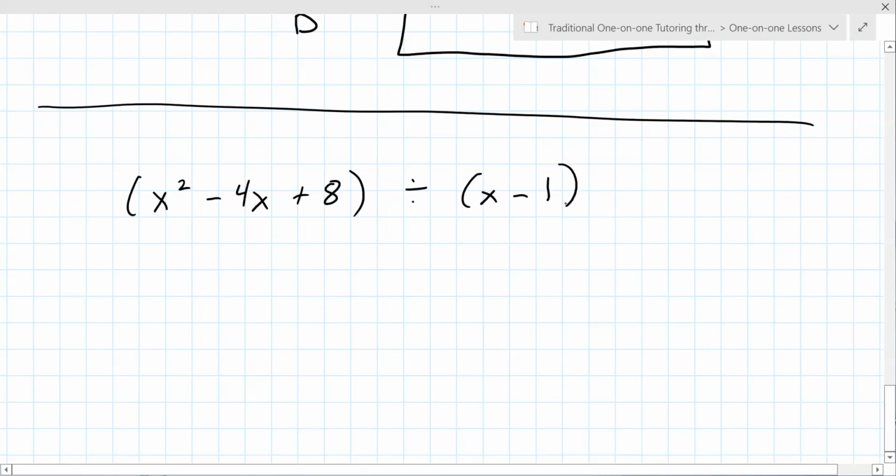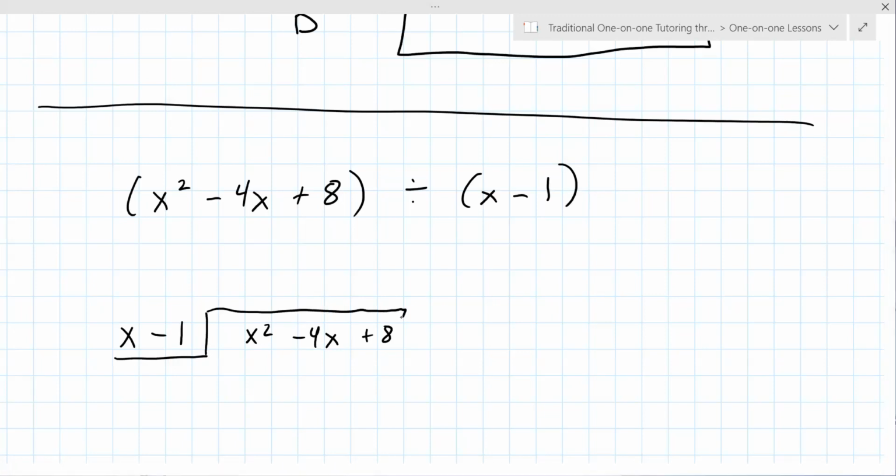Okay, and you have to remember that the x minus 1 goes outside the house, and then the x squared minus 4x plus 8 goes inside the house. Like this. Okay. So you ask the question, what do I multiply this x out in front by to get x squared?